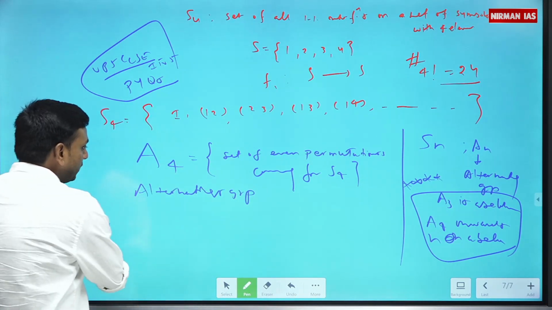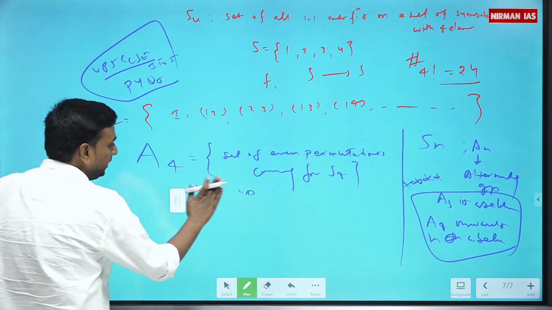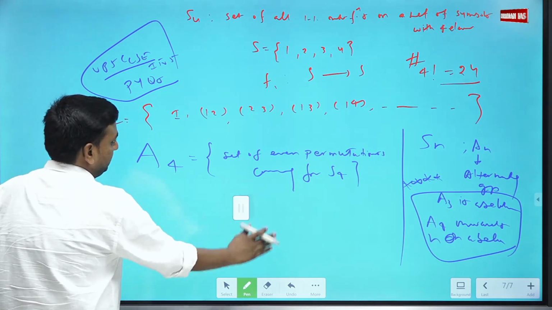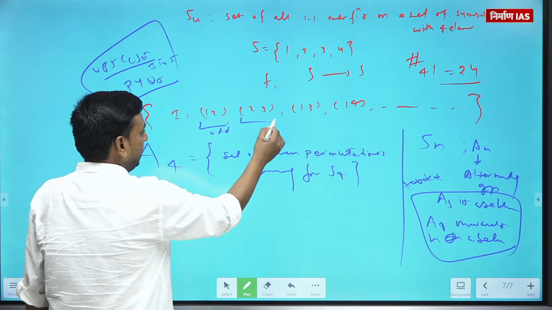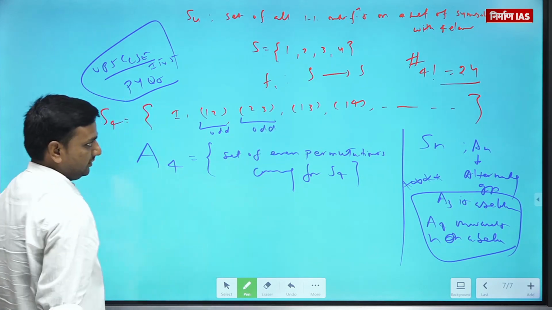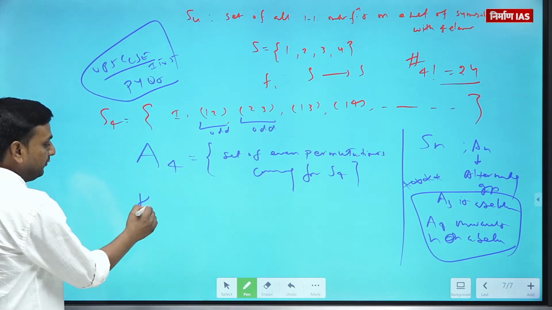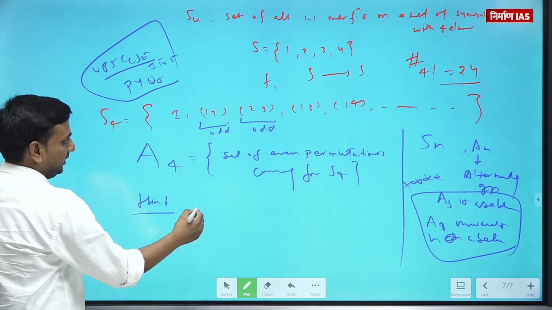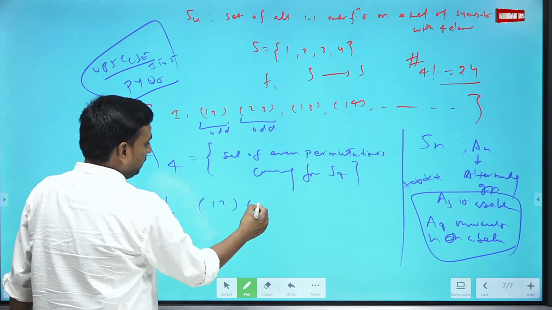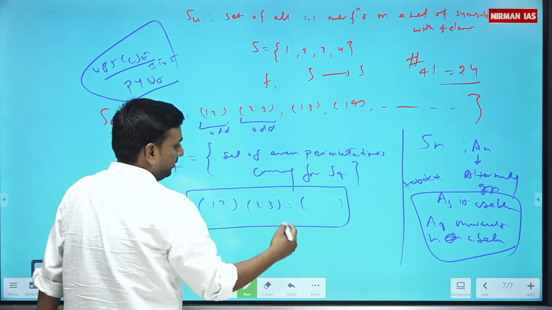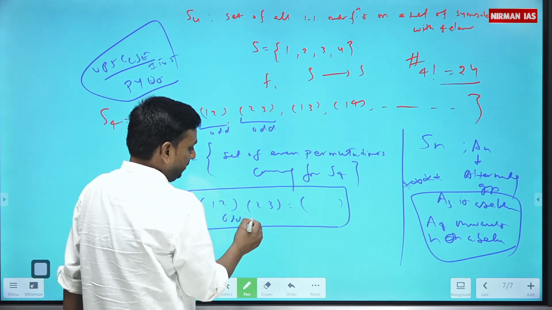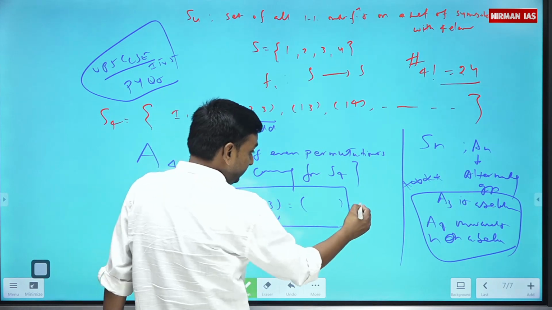So you have to write those even permutations. You know, this will be an odd permutation and this will be odd. Just a hint for you. If you compose 1 2, 2 3, what are you going to get? Odd composition odd. Is it even?